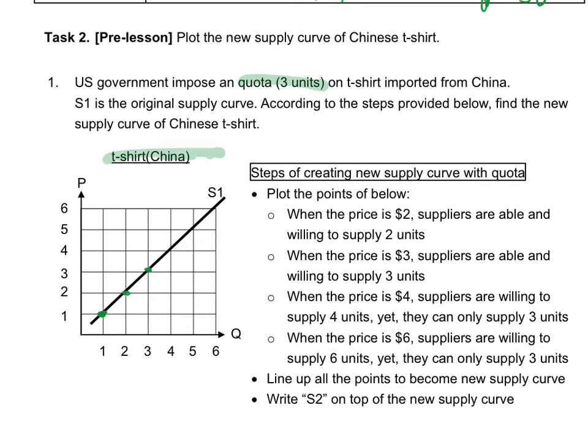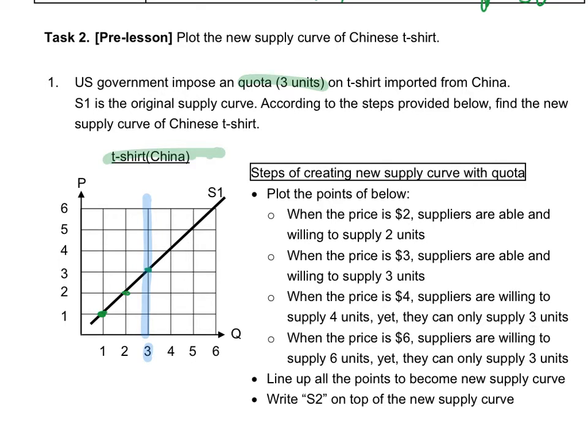But now, if there is a quota, that means 3 units is the limitation. So let me draw a vertical line here to show the limitation. That means the sellers can sell 3 units or fewer.